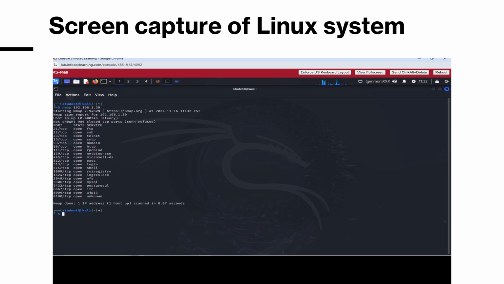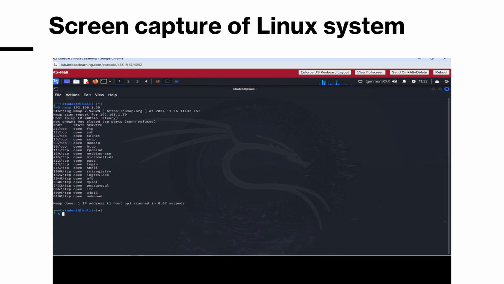This machine is also using some other typical services, but another service that's unsecured is HTTP on port 80. This is the unsecured version of HTTPS, which uses encryption to try to secure systems better.